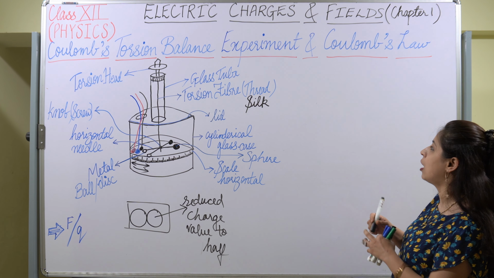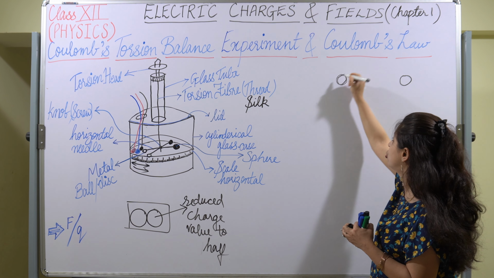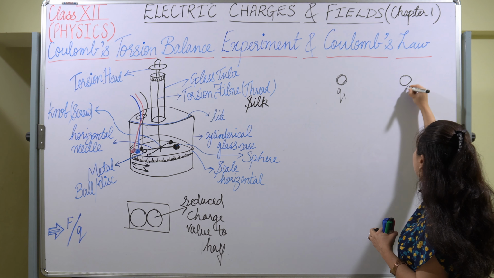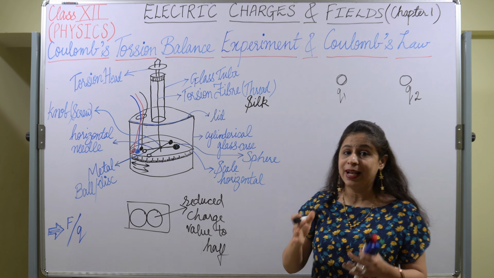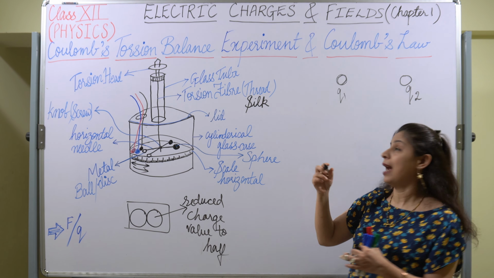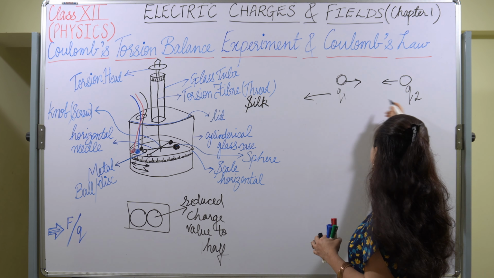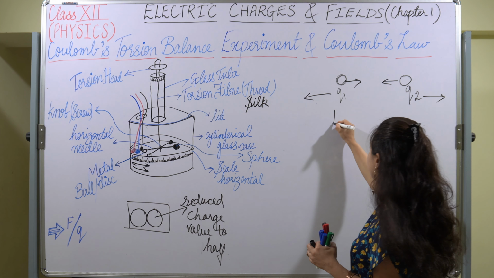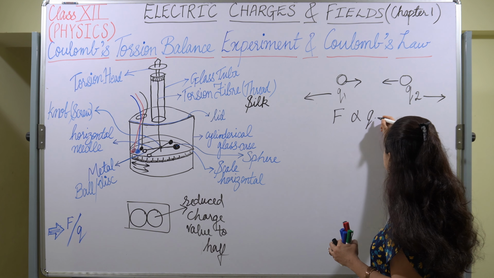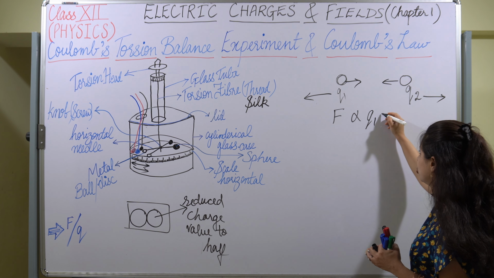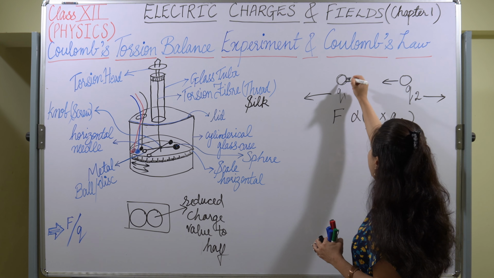So if there are two charges, let us say this is Q1 and this charge is Q2, they will be attracting or repelling through some force, and that force will be directly proportional to the product of the magnitudes.